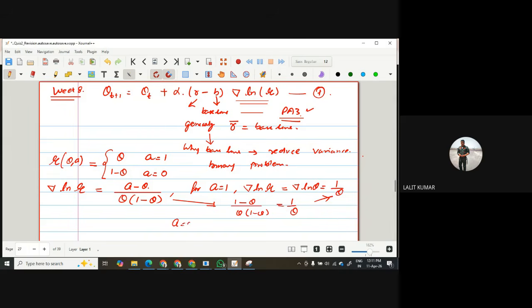Similarly, for a is equal to 0, it will become d by d theta of ln(1 minus theta), which becomes minus 1 over 1 minus theta. If we plug in here, it becomes (0 minus theta) over theta into (1 minus theta), theta cancels, and it becomes minus 1 over 1 minus theta. So this is a general formula for the binary bandit.